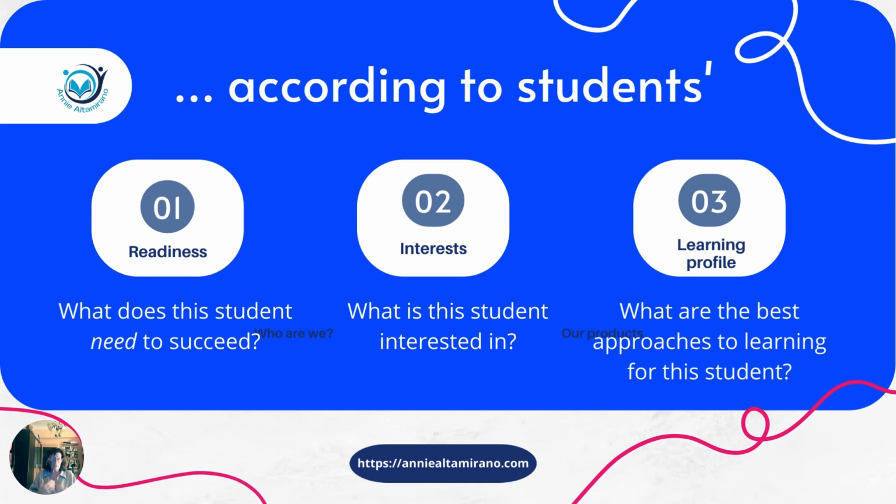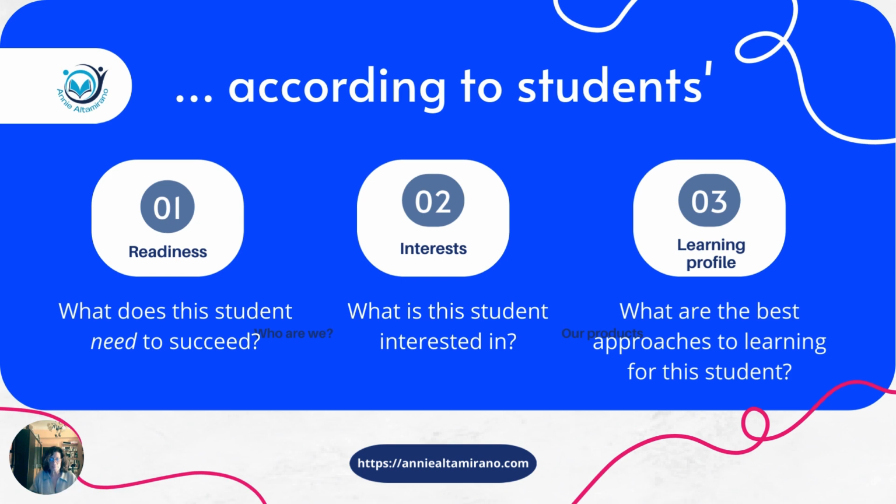So, achieving this depends on effective instructional practices, an effective curriculum, effective assessment, classroom leadership, and management. And we can differentiate also according to students' readiness, interest, and learning profile.